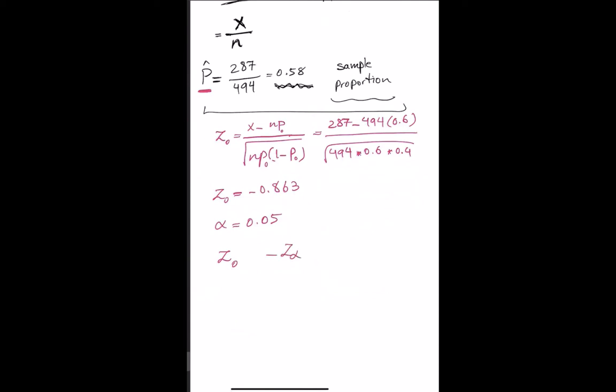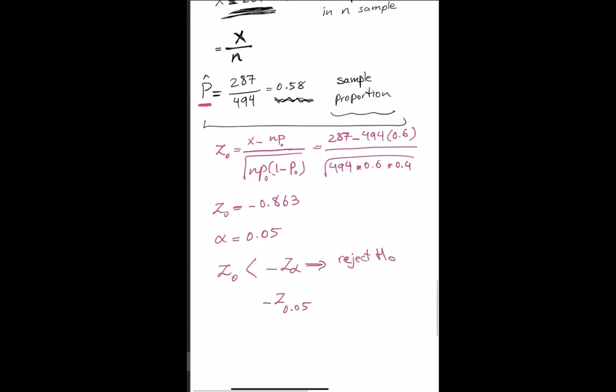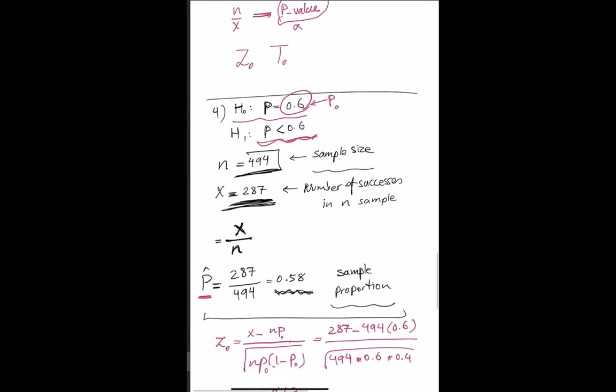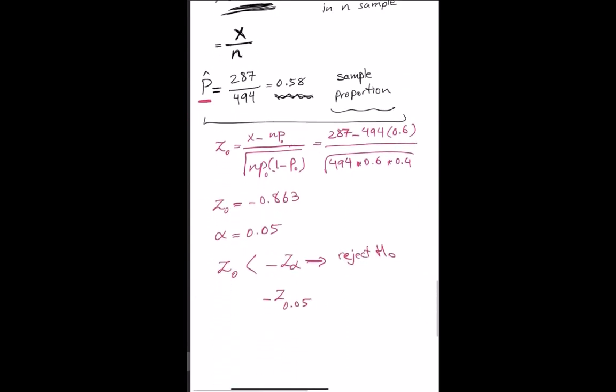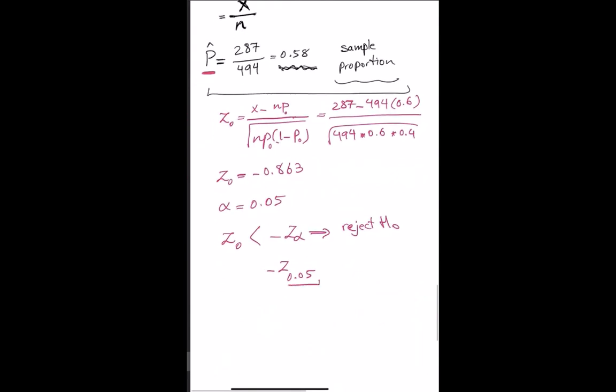If the test statistic is less than minus Z of alpha, then I'm going to reject the null hypothesis. Since this is a one-sided test, I use the whole alpha. I don't say alpha over 2 or anything like that.